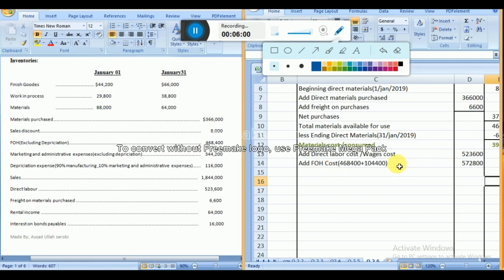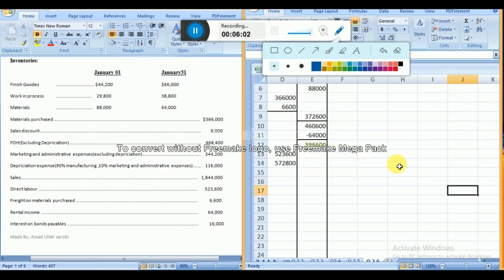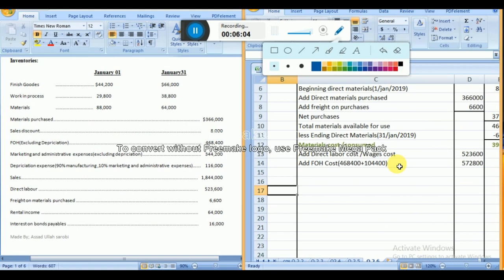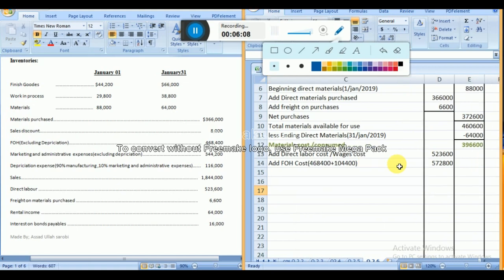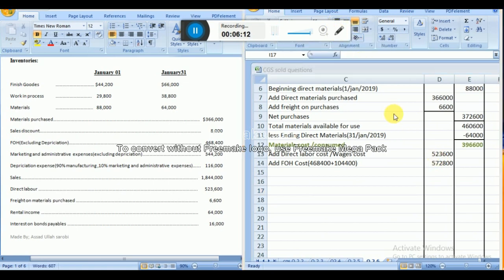So look at, we calculated now the factory overhead cost. Okay, and direct labor cost is also given. Factory overhead cost we calculated, and 3,96,600 is material cost. So now how much are these two costs, direct labor and factory overhead?